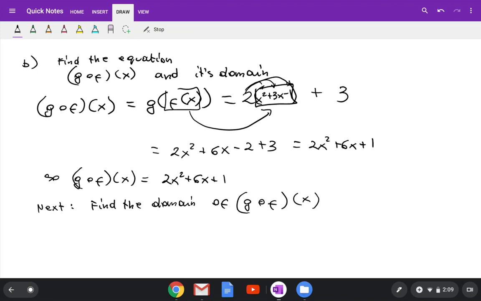So technically, the x of the composite function was substituted with function g, which was substituted with the inside function, which is function f. That's why for the domain, first, you always have to find the domain of the inside function because that's the one which we plug in. So find the domain of the inside function.